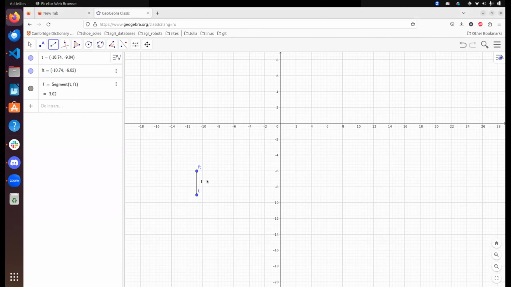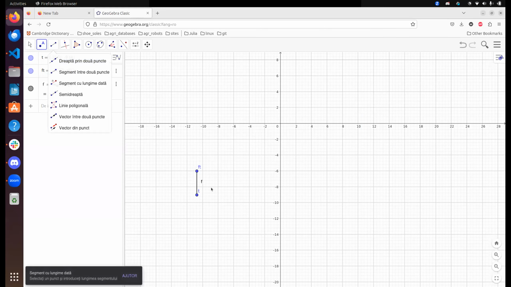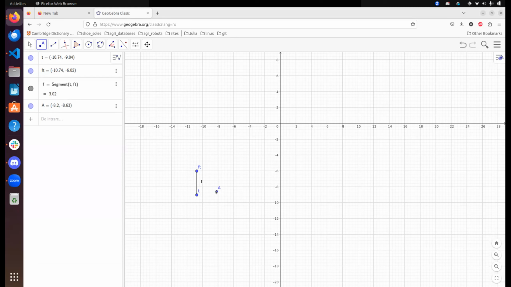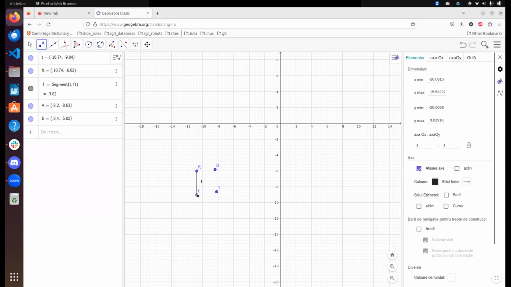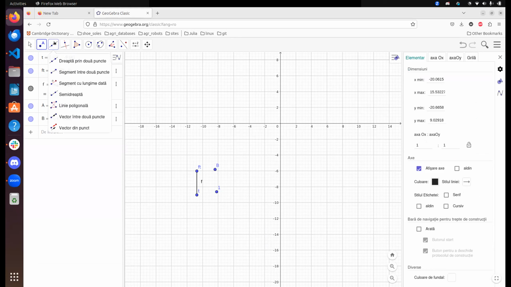What does this mean? So we will have here another node which is, let's say, 1, and here is the legend, and the legend is 1, right?